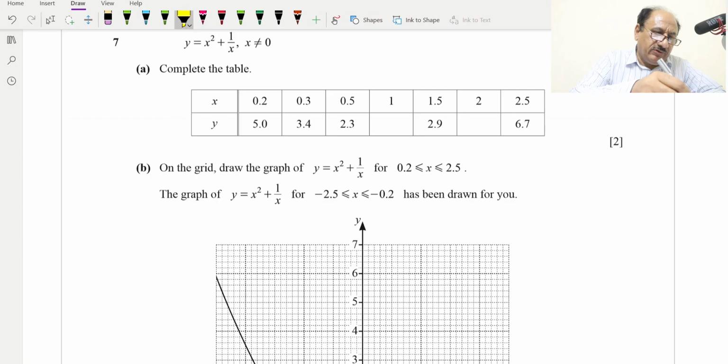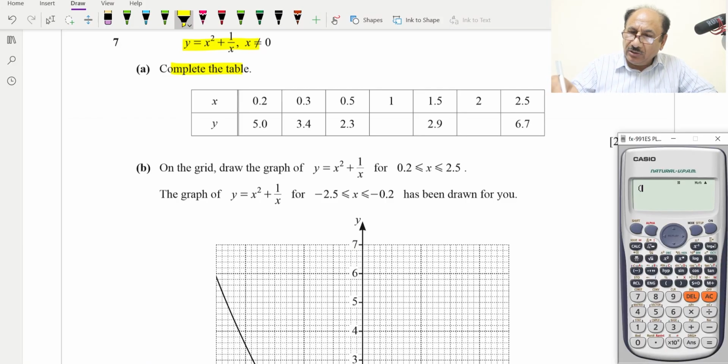Question number 7. This equation is provided and we have to complete the table. The first task is to complete the table. So we can use a calculator. The easiest way is to just type the equation, which is alpha x squared plus 1 over x.